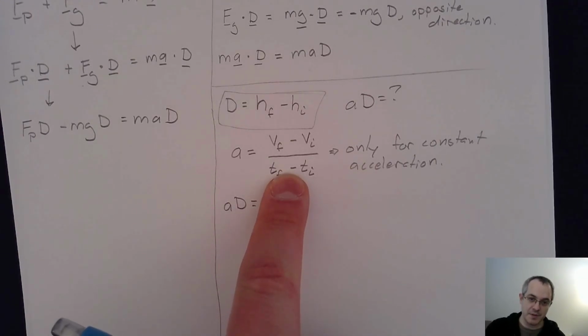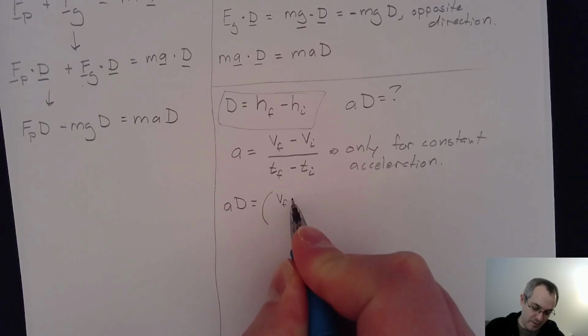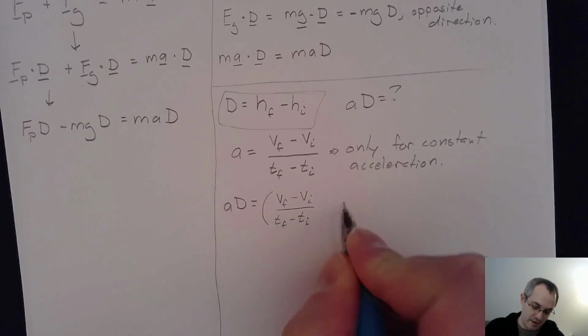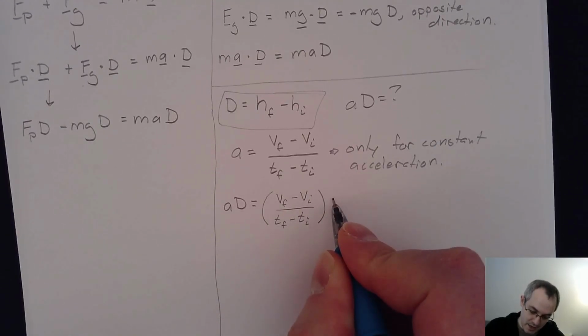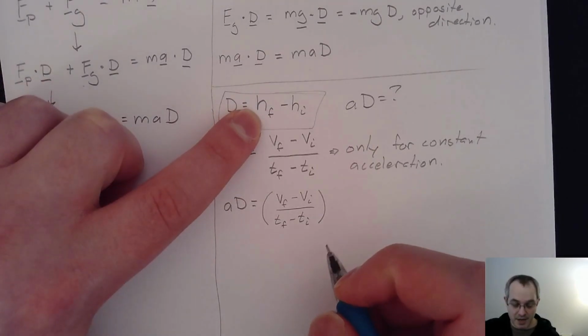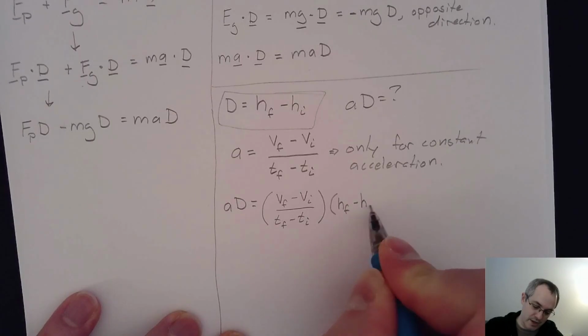We just substitute this in for a. Vf minus Vi over Tf minus Ti times d, but remember d is Hf minus Hi.